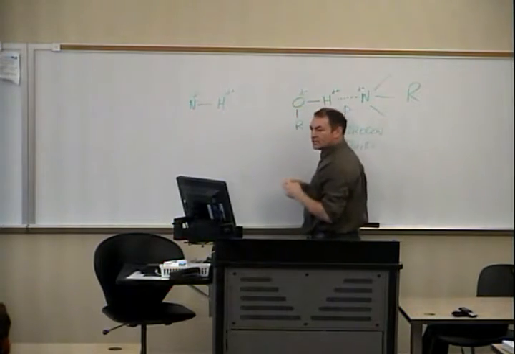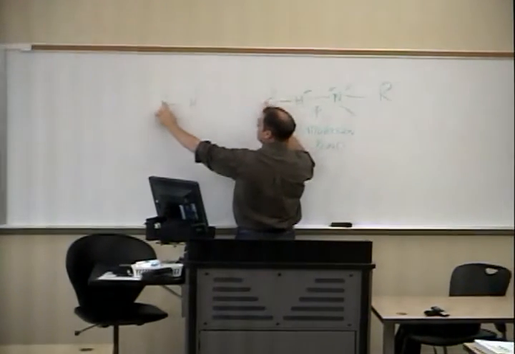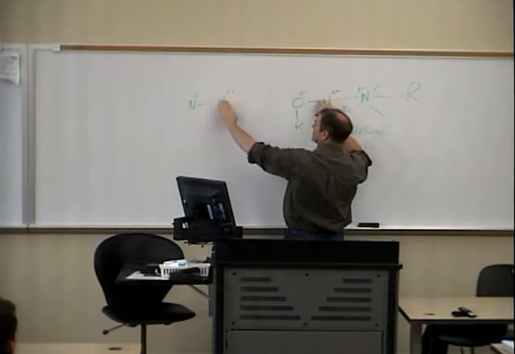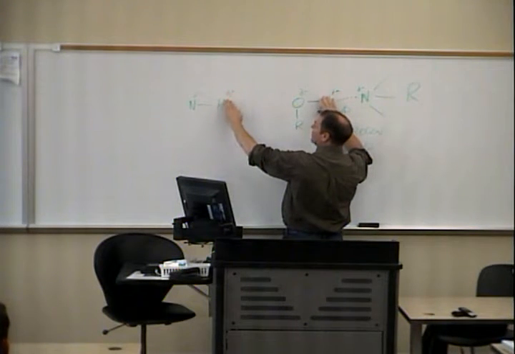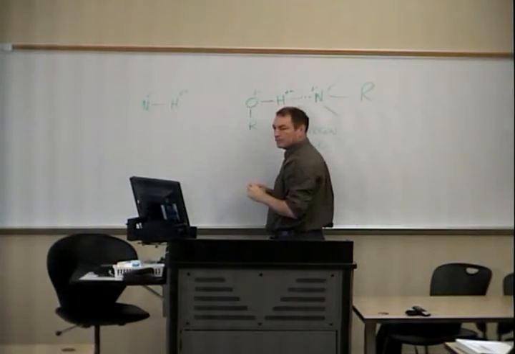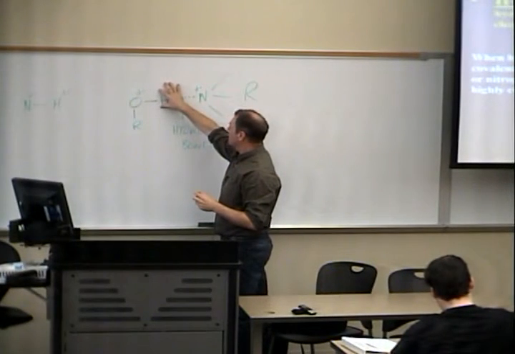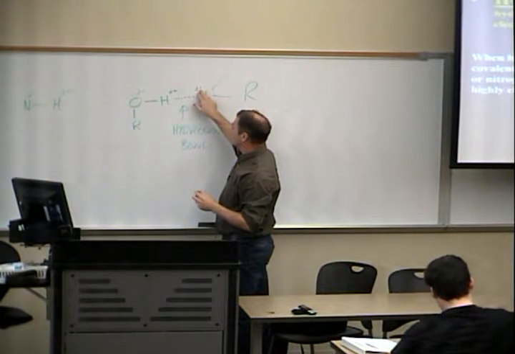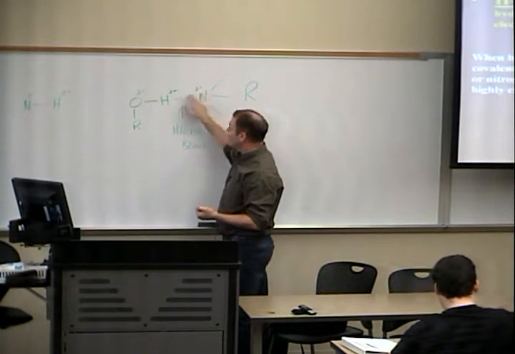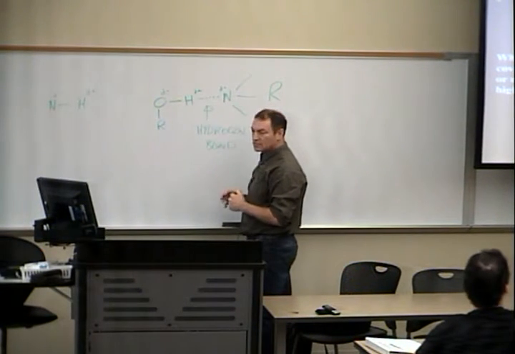As a result, the electrons shift over to here. So this is the positively charged side to the molecule, and this is the negatively charged side to the molecule. Okay? Now, in this case, this positively charged side to the molecule will be attracted to the negatively charged side of any other molecule that's around. That attraction is the hydrogen bond because it joins these two together. Okay?